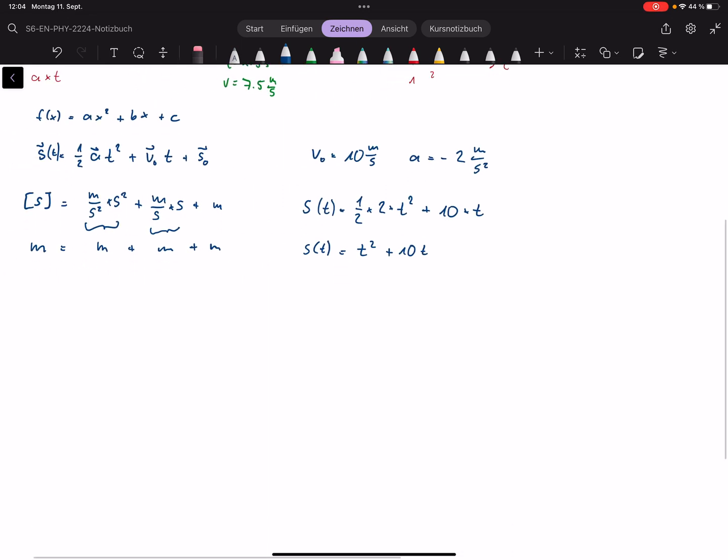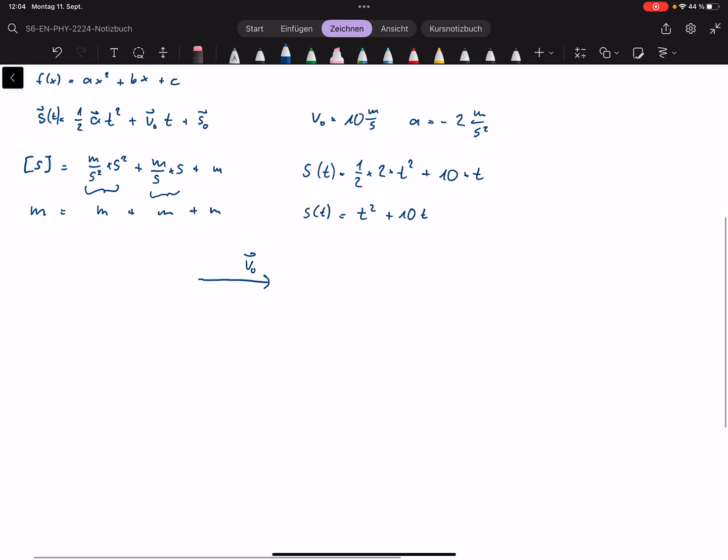And we want to first see the connection between the v and the a. So we have a speed, and this is a vector, and now we have an acceleration, but it's pointing in the opposite direction.